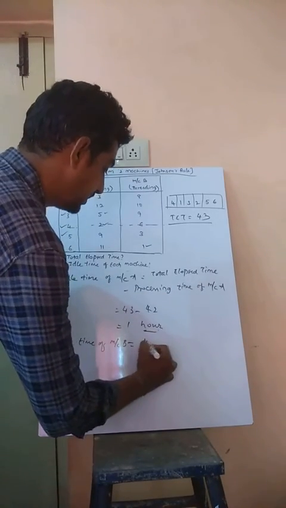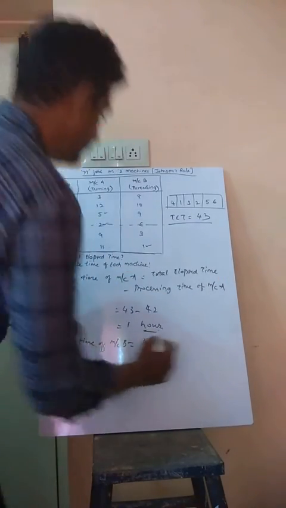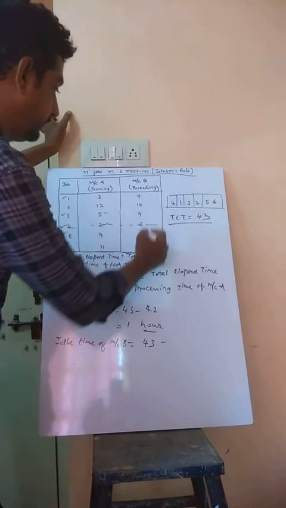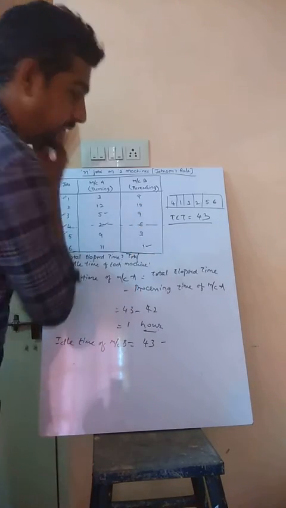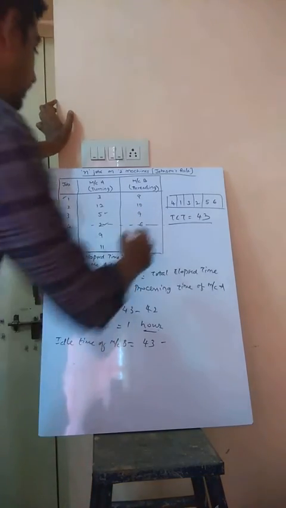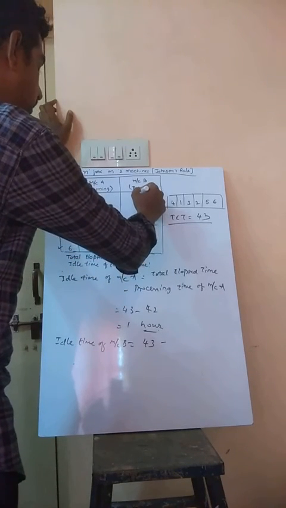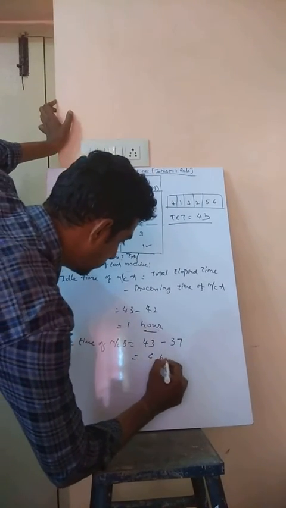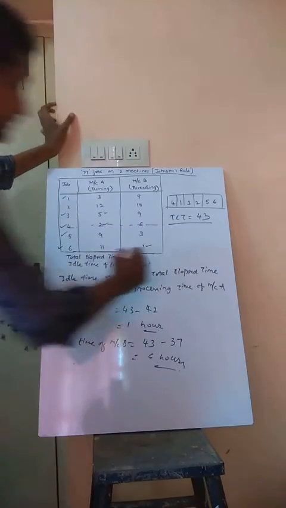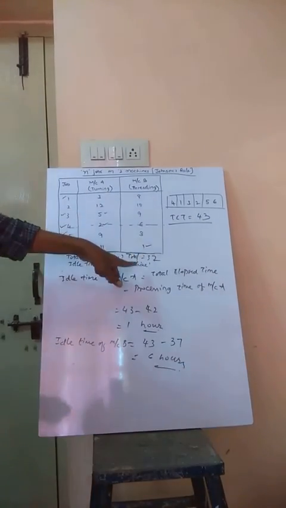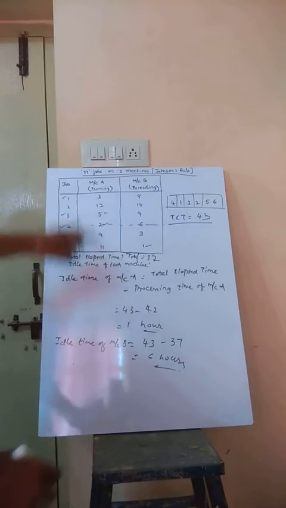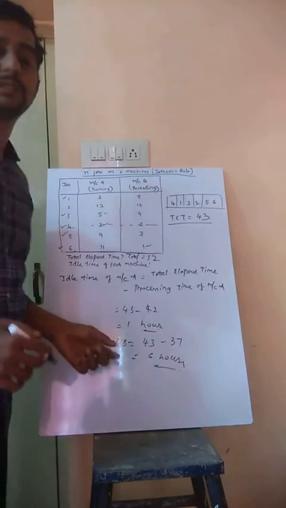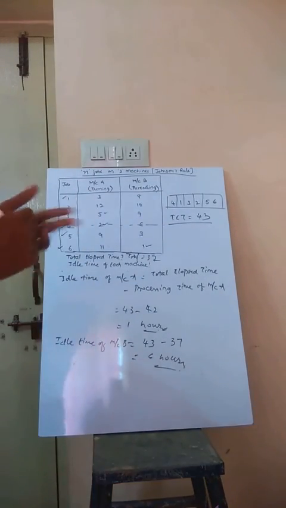That is, the total elapsed time 43 minus the total processing time on machine B, which is 37. 37 is the total processing time on machine B, and 42 is the total processing time on machine A. We subtract these from the total elapsed time to find the idle time of the machines.